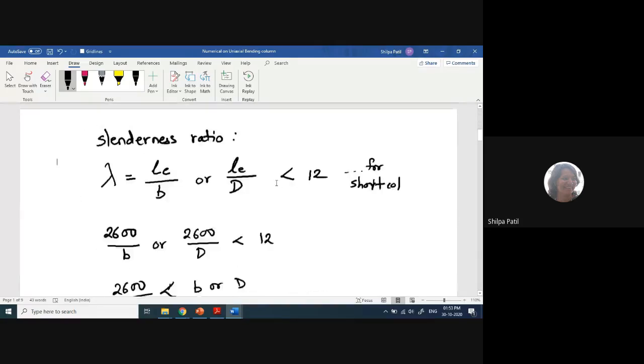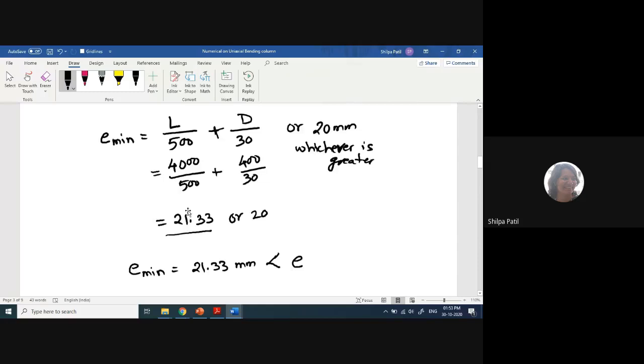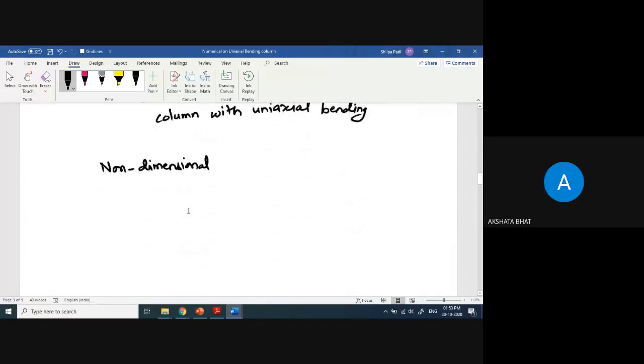So there is no question of checking the other eccentricity. B by 30 is not required to check because it is given about the x-axis. If it is given about the y-axis, then we need to use the second formula, L by 500 plus B by 30. Here the eccentricity is about the x-axis because the moment is given about the x-axis only. Is it clear? Yes, ma'am.